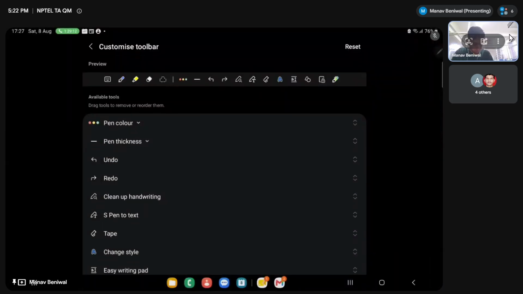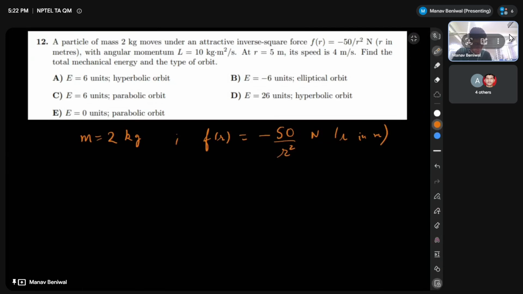Okay, so we are given quite a few things. Let's write them one by one. So first of all, we are given that mass is 2 kg. Then we are given that the central force is minus 50 over r squared Newton, r in meters. Then we are also given that the angular momentum L is 10 kg meter squared per second.